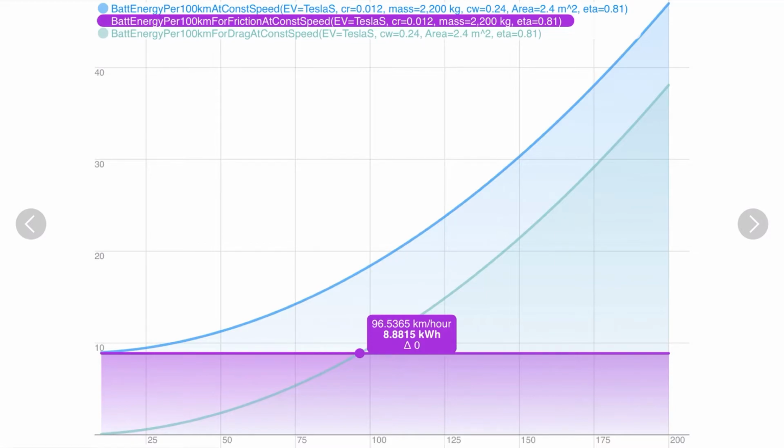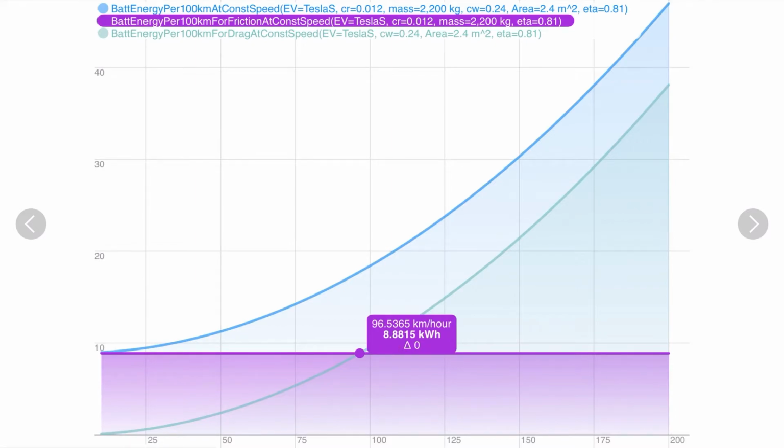And what we see here in this graphic is the blue line is the total consumption. The green line is the consumption only due to the drag. And the violet curve, this is not really a curve, it's a line. And this is the consumption due to the rolling resistance. And you see this is constant, independent from the speed. You have always a consumption of approximately 9 kilowatt hours.